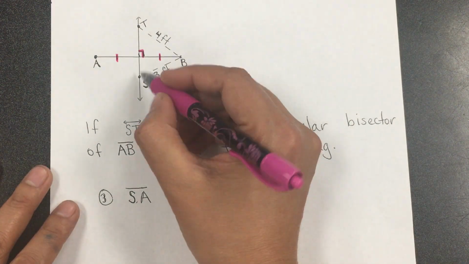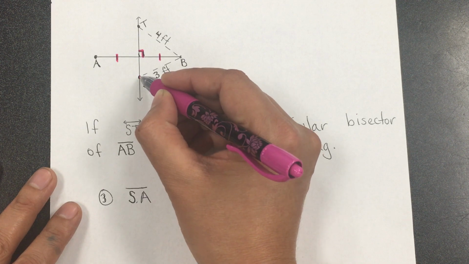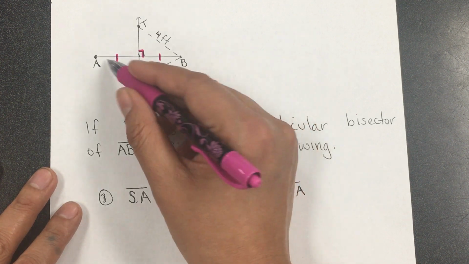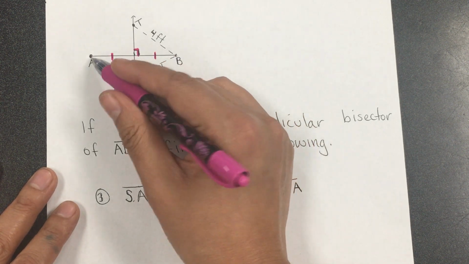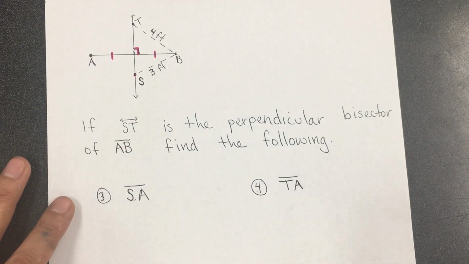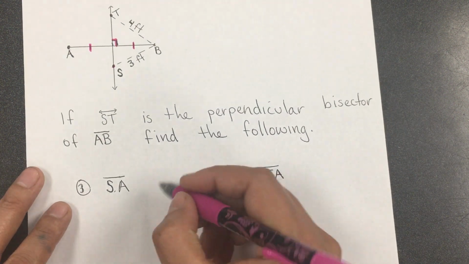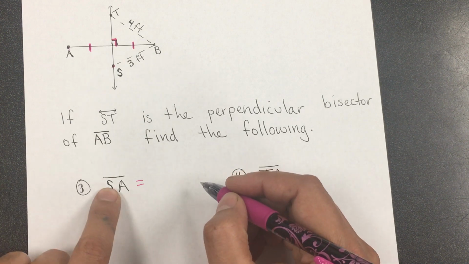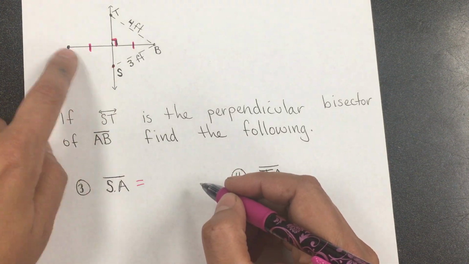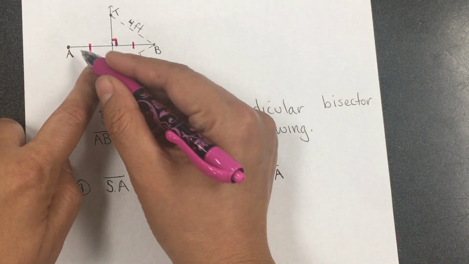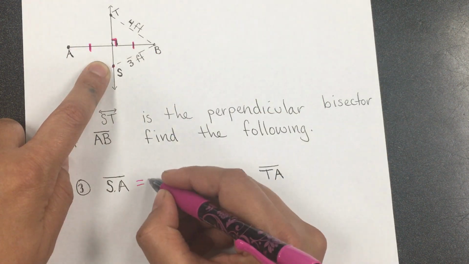So automatically we know that any point is equidistant going that way or that way to the endpoint. Okay, same measurement. So this is very simple and straightforward. SA is equal to, well, we know that this is equidistant to that, so it's going to be 3 feet.